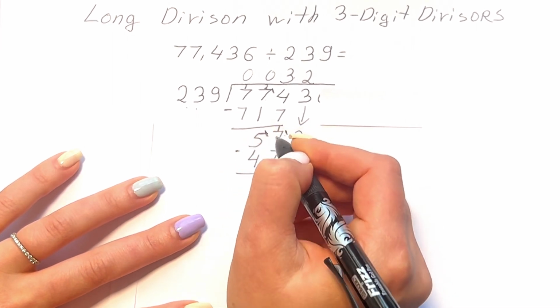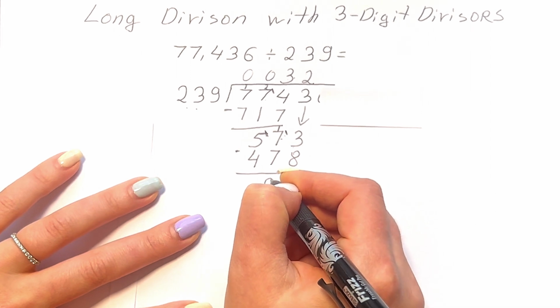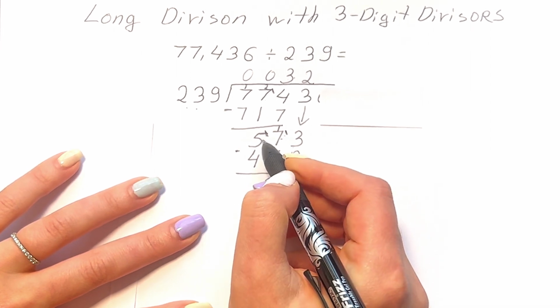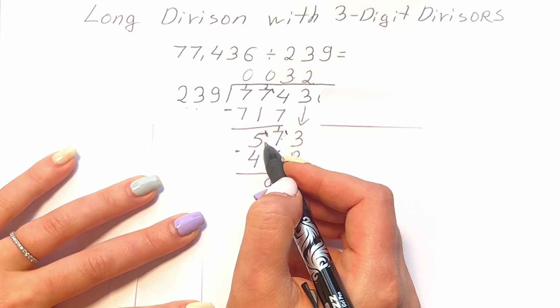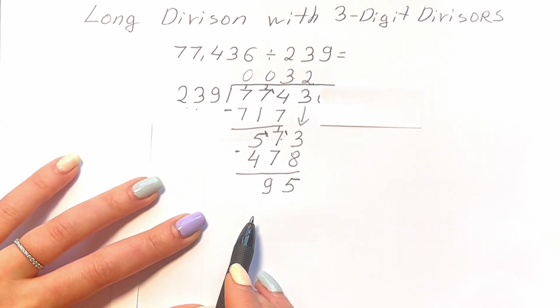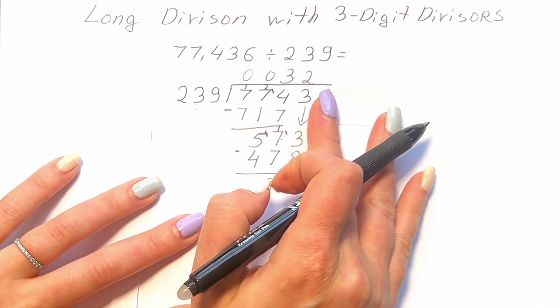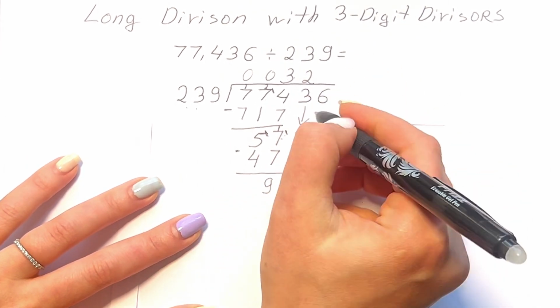I'm gonna borrow. 16 minus 7 is 9. Now, there's a borrowing sign on the top of the 5. It means it's 1 digit less. 4. 4 minus 4 is 0. So the remainder will be 95. Let's bring down the next digit, which is the last one.